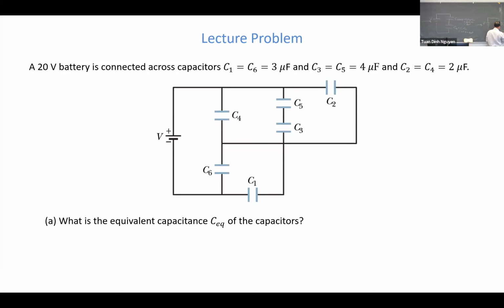So 1 over C1,2,3,4,5,6 equals 1 over C2,3,4,5 plus 1 over C1,6, which is 1/6 plus 1/6. Basically, if you combine the same capacitor and the reciprocals, you just get half out.